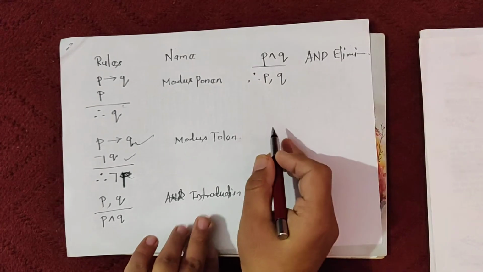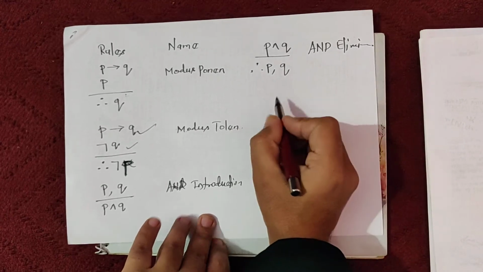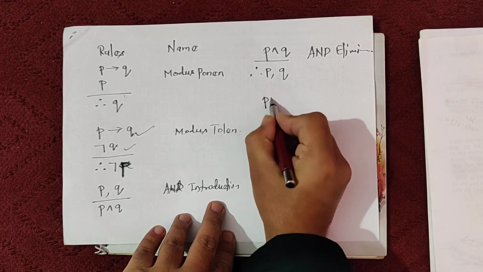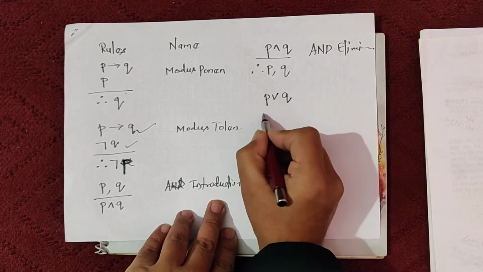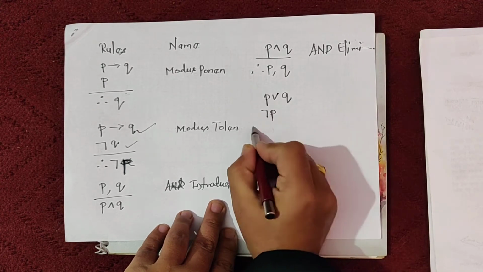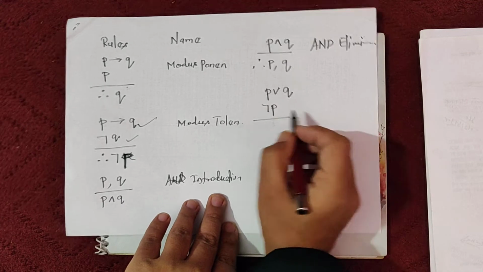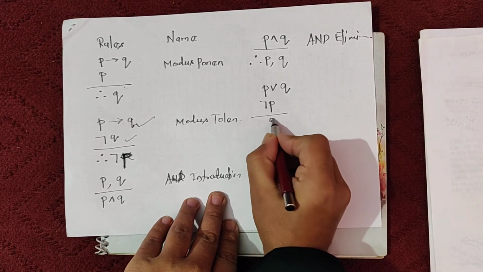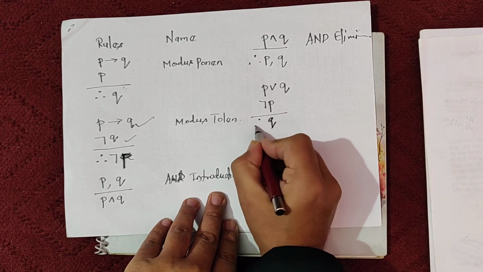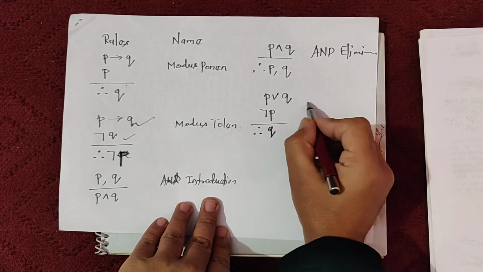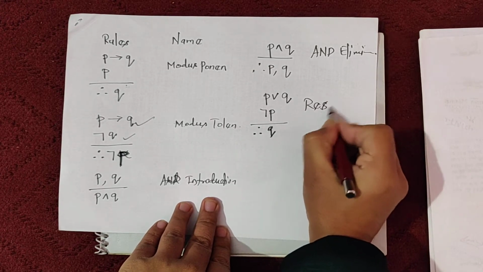Next one is, if P or Q is true and not P is true, then if both these conditions are true, the result is Q. This is known as resolution.